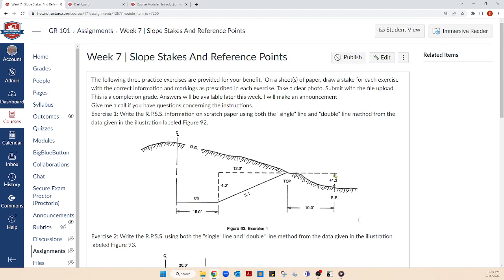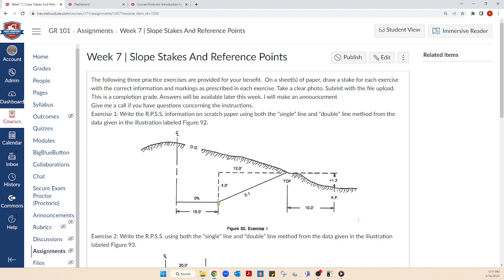Same thing at the top. Reference point to slope stake. Fill plus 1.2, and then cut 4 at 12, or cut 4 at 3 to 1. So that would put you right here.